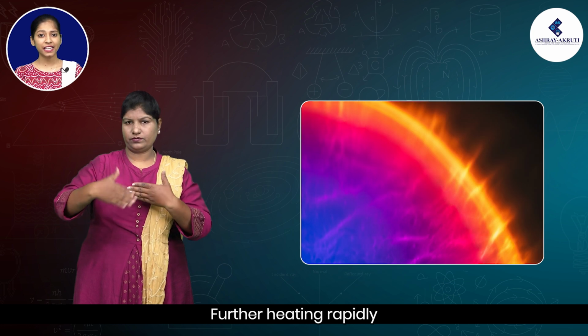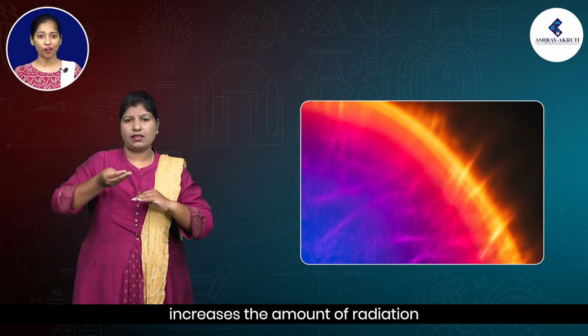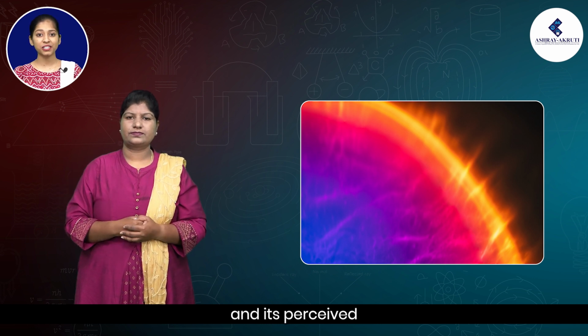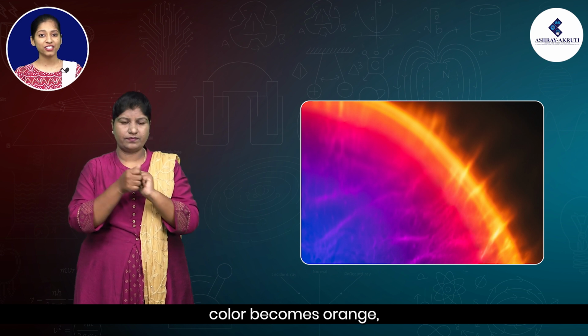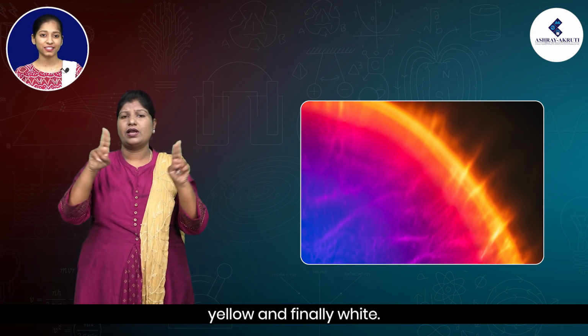Further, heating rapidly increases the amount of radiation, and its perceived color becomes orange, yellow, and finally white.